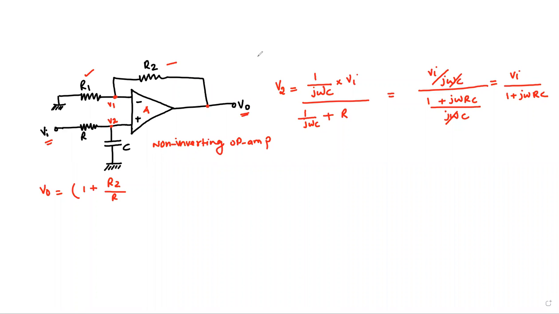Okay, so it is 1 plus R2 over R1 multiplied by node voltage V2, which is coming at the positive terminal, and we can solve it. So V2 has this value. So we plug in here.